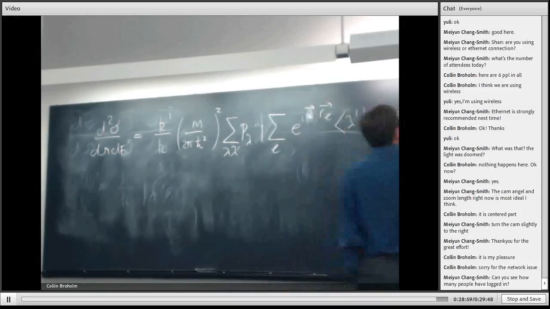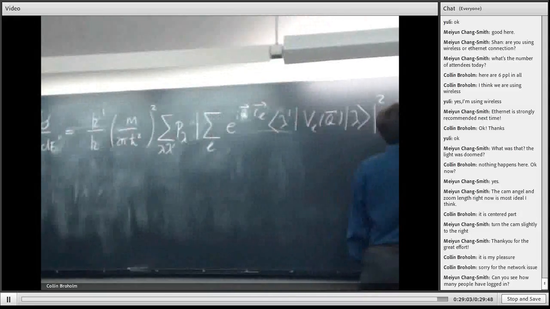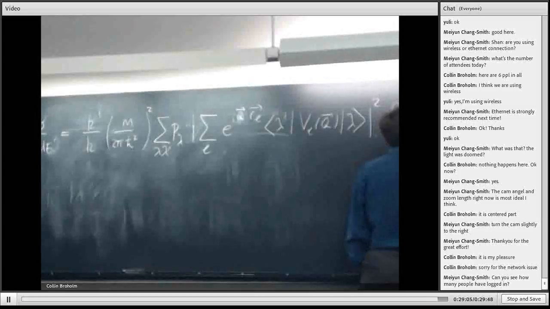And then finally, I have my Dirac delta function, E lambda prime minus E lambda.